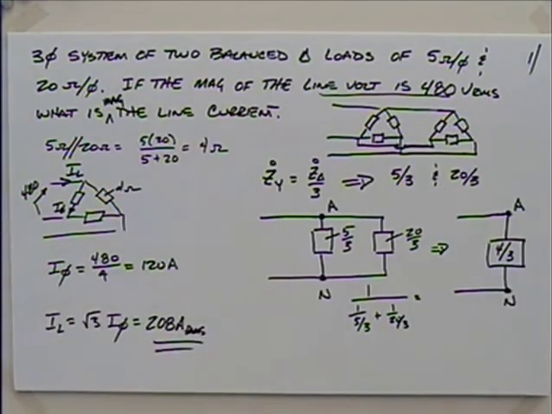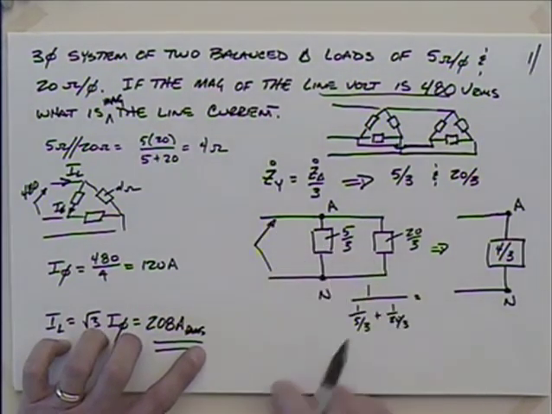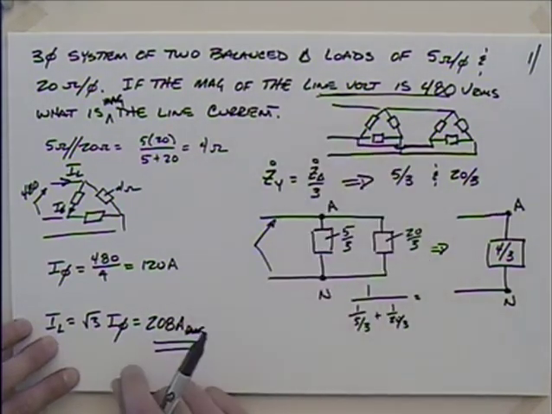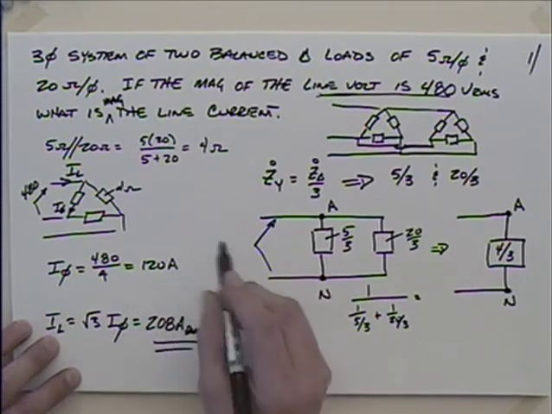Did that work out? Anyone try the math on that? Yep, I haven't made a mistake yet, so we're good. Now, the voltage across here, what's that going to be? Well, this is the line voltage, or line to line, right? So this voltage would be what?